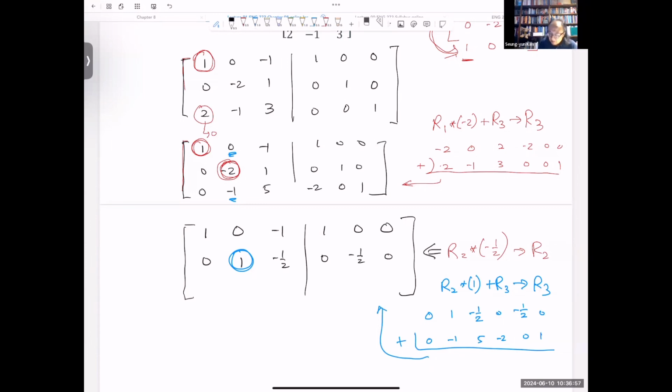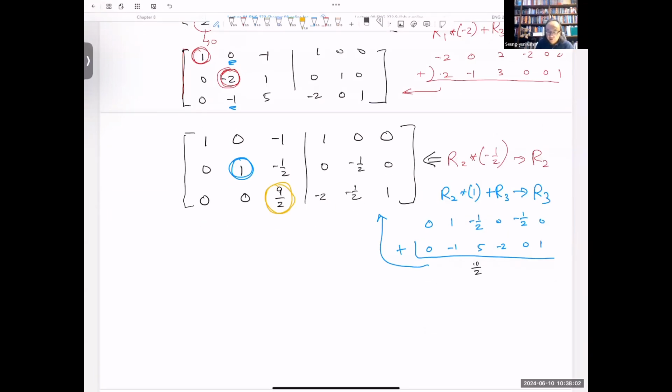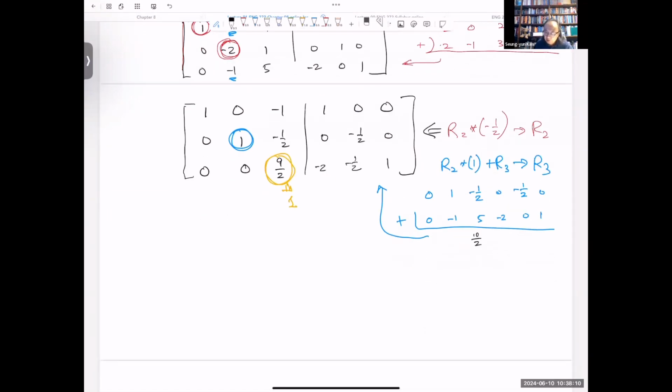So when we add, we have 0, 0. 5 is 10 over 2, so 10 over 2 minus 1 over 2 is 9 over 2. And then negative 2, negative 1 over 2, and 1. So we finished the first two columns. Next, we want to make this a 1. So that is R3 times 2 over 9, and put it back to R3.